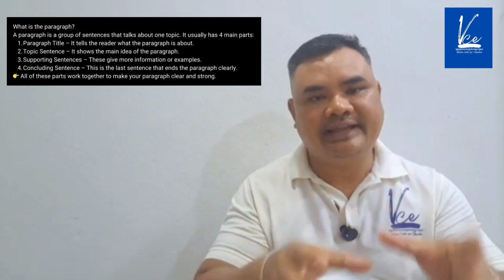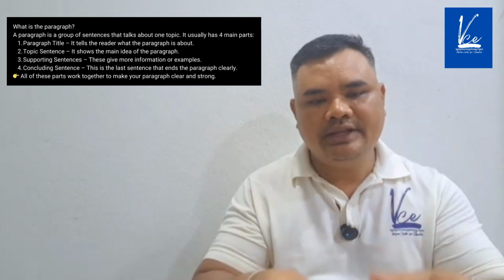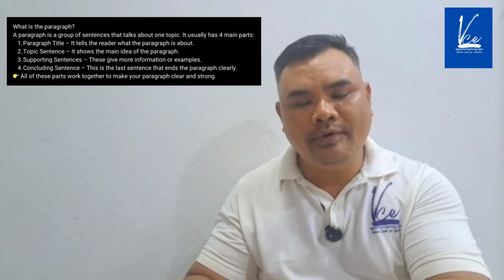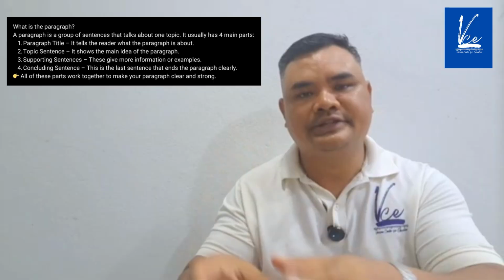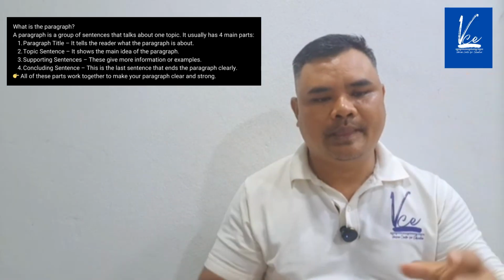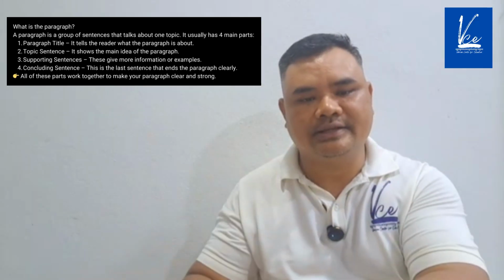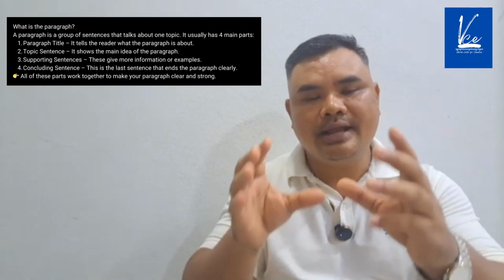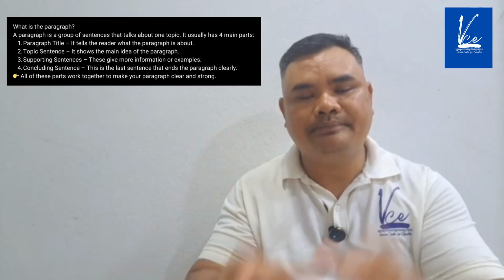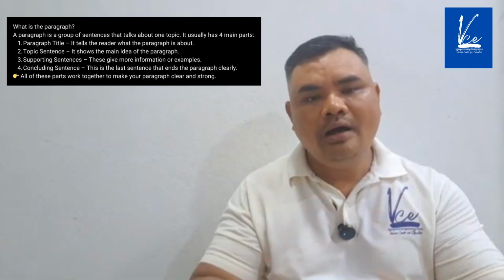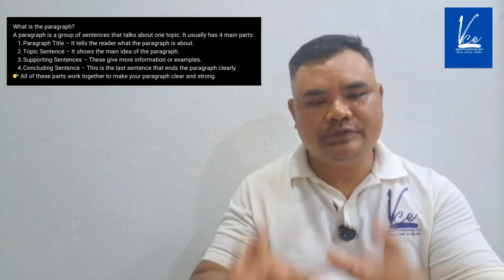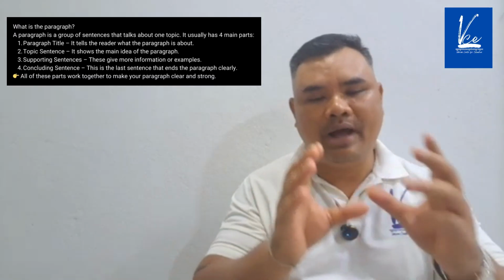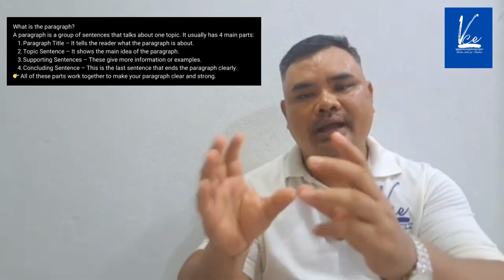Supporting sentences. This gives more information or example. 4. Concluding sentence. This is the last sentence that ends the paragraph clearly. All of these parts work together to make your paragraph clear and strong.